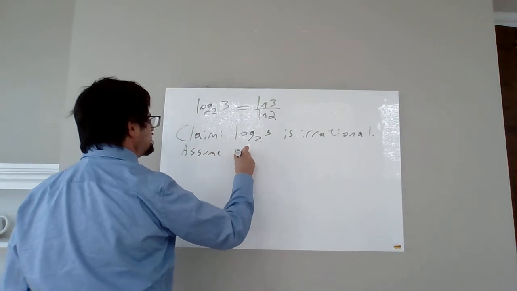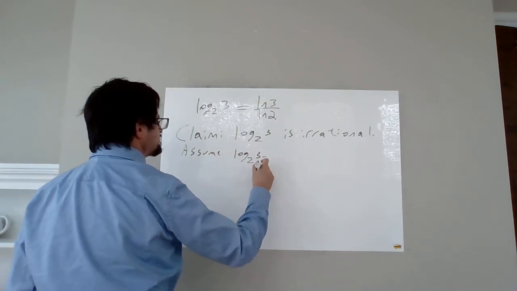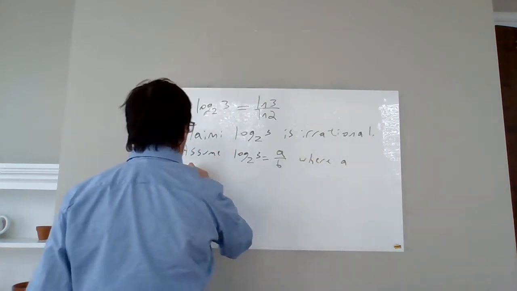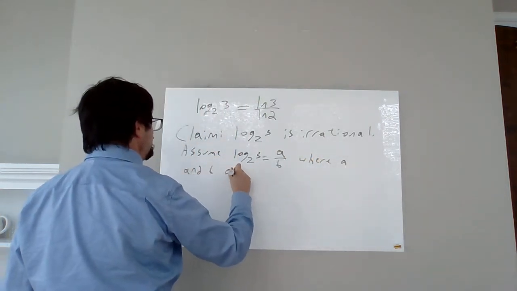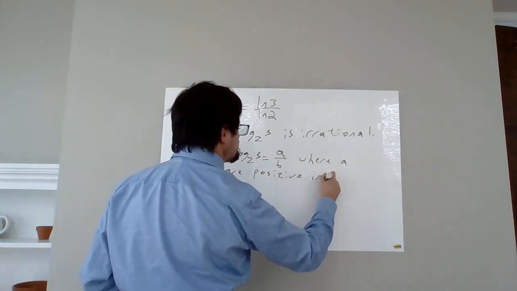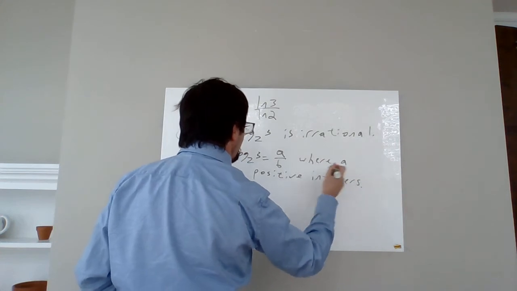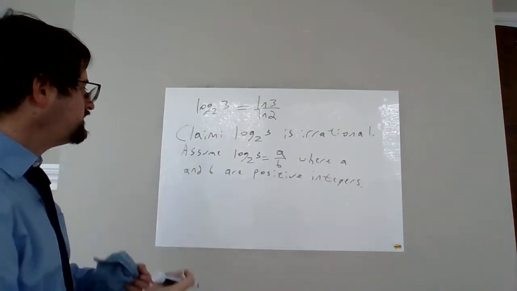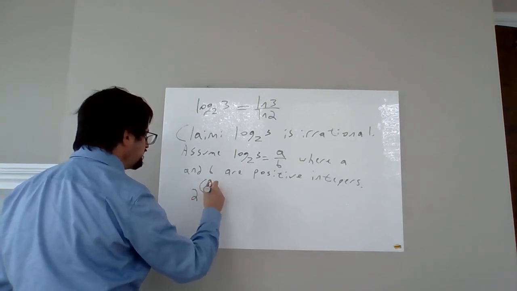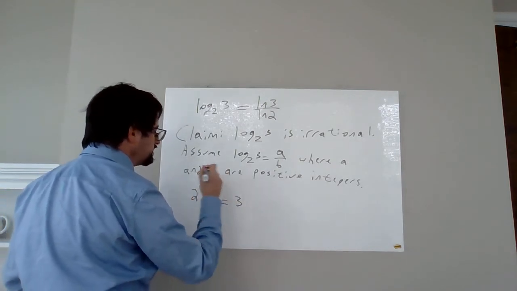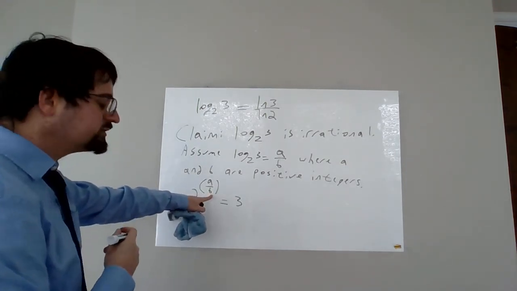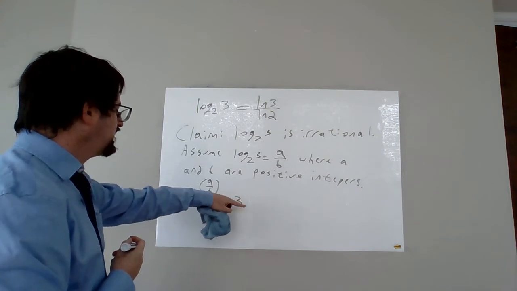So assume log base 2 of 3 equals a over b, where a and b are positive integers. This is the same thing as saying 2 to the a over b equals 3. It's a rational number such that when we raise 2 to that power, we get 3.